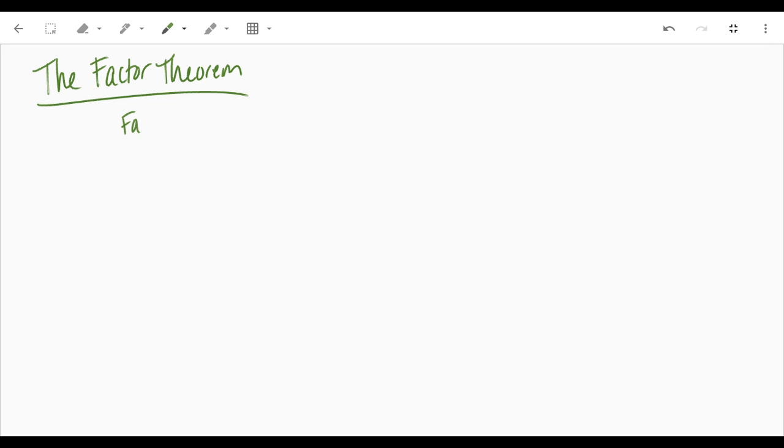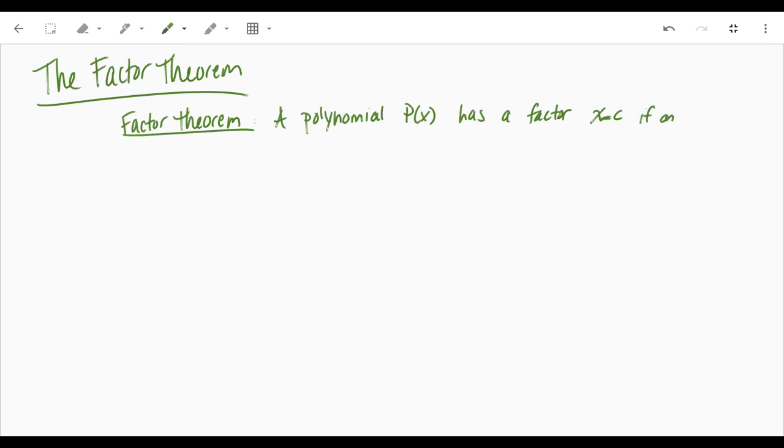Your factor theorem says that a polynomial P of x has a factor x minus c, it's a minus, if and only if P of c equals 0.